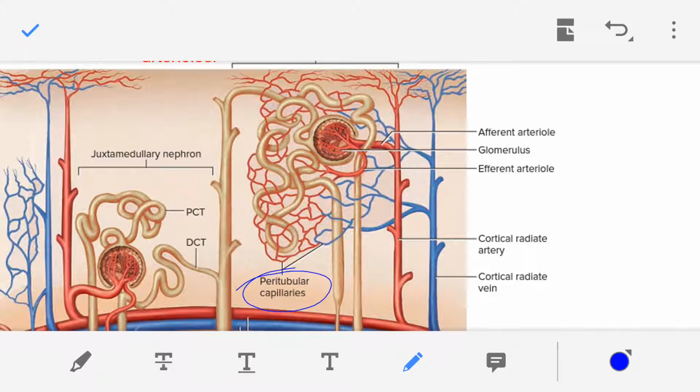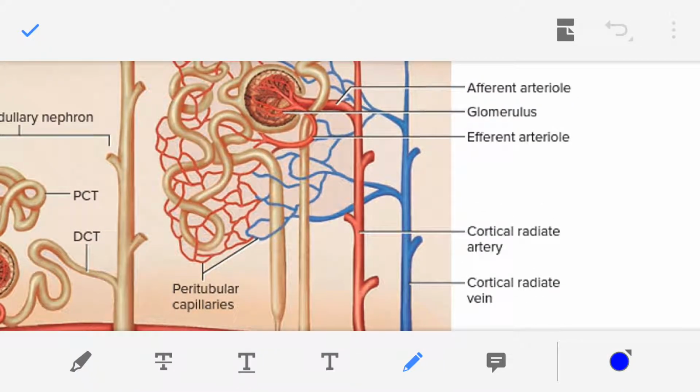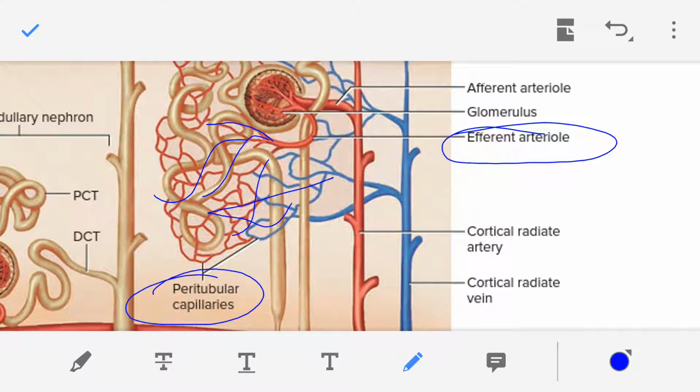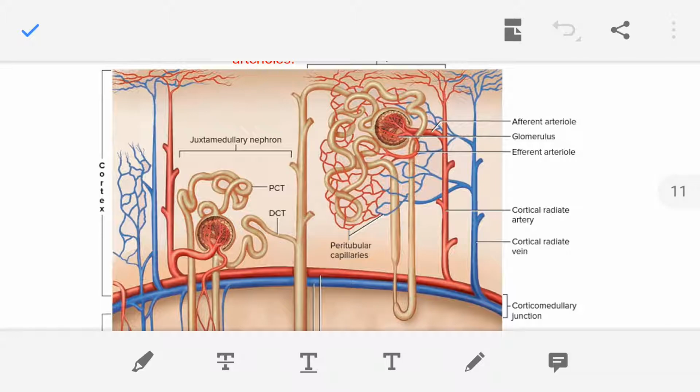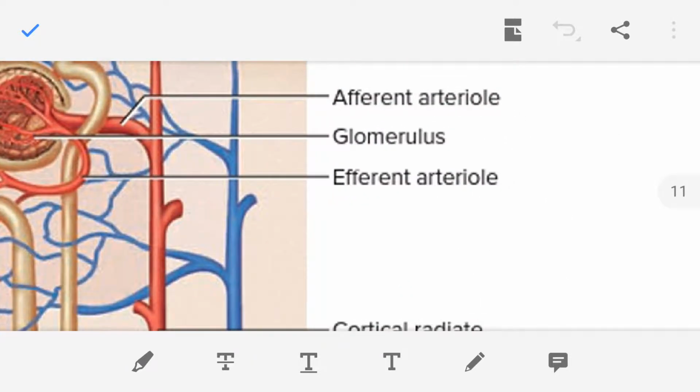So on the surface of the nephron loop, PCT, and DCT you find the presence of peritubular capillaries. And how are these peritubular capillaries originating? Here you see, this one is the afferent arteriole, which comes out from the renal corpuscle, and many small branches are formed, and the network of these small branches is known as the peritubular capillaries, and these peritubular capillaries are present around the PCT, DCT and the nephron loop for the cortical nephron.